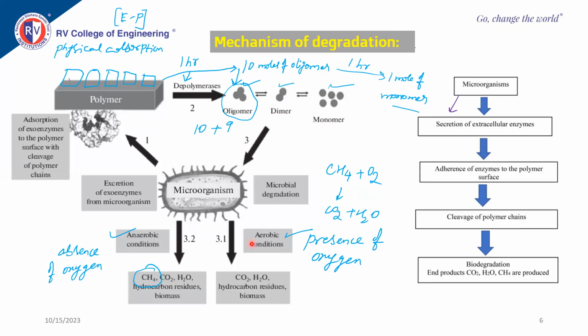At this stage, remember you have two different types of degradation: aerobic condition and anaerobic condition. In the absence of oxygen, methane will be the major product. In its presence, methane reacts with oxygen, forming carbon dioxide and water. Therefore, you will not observe the formation of methane in aerobic conditions.